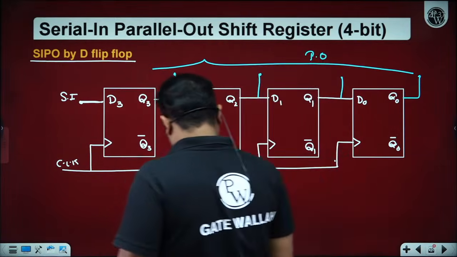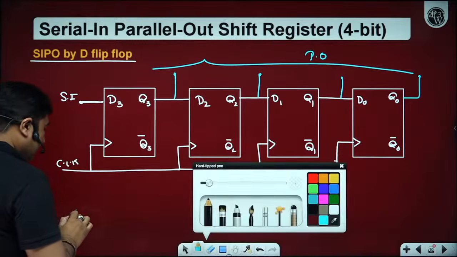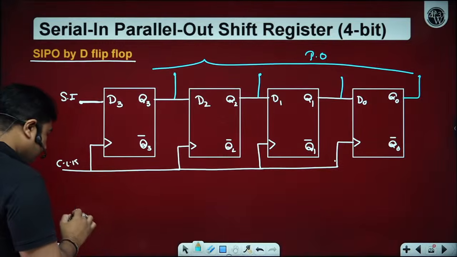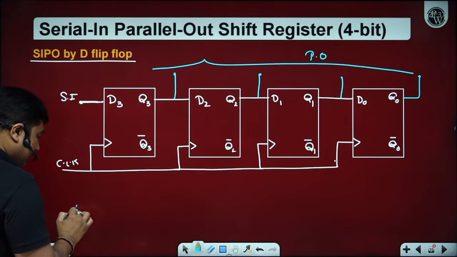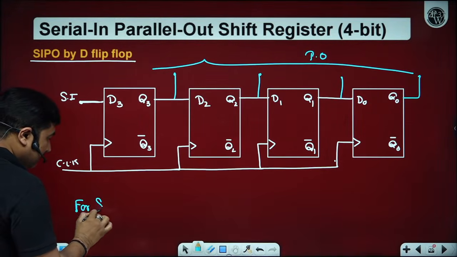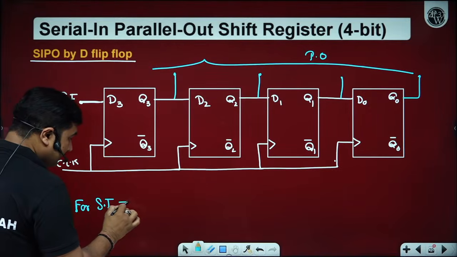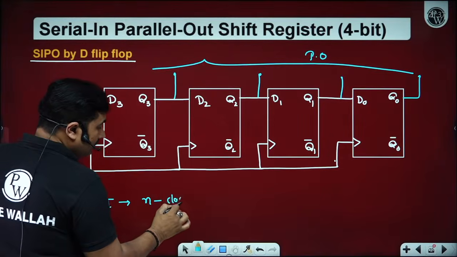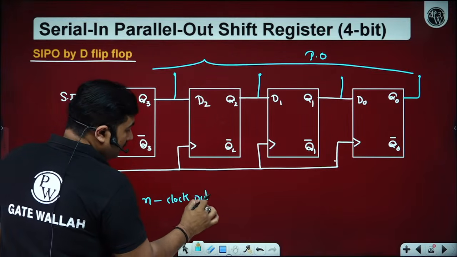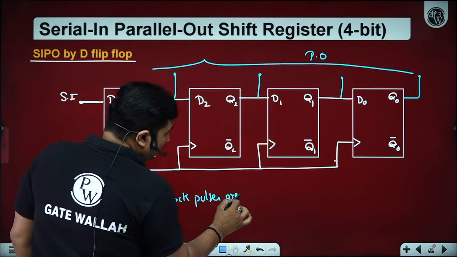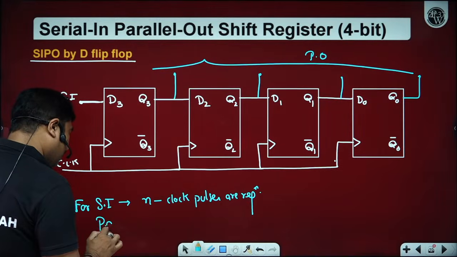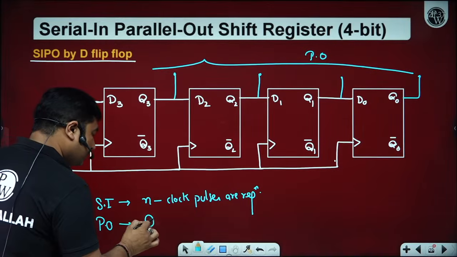Can you tell me how many clock pulses are needed for serial in? You can say, sir, for serial in, n clock pulses are required. However, for parallel out, how many clock pulses are required? 0.